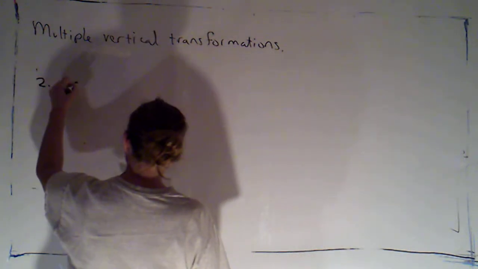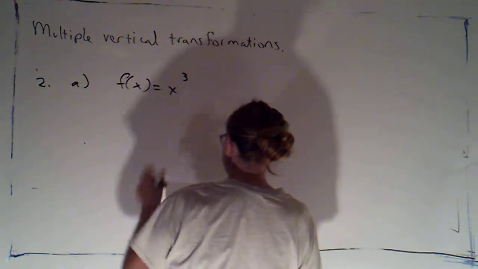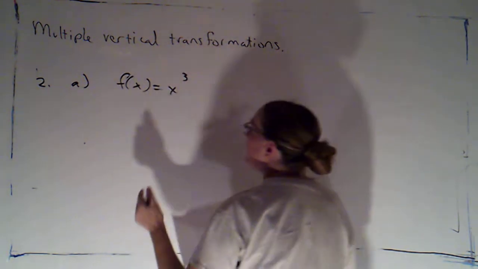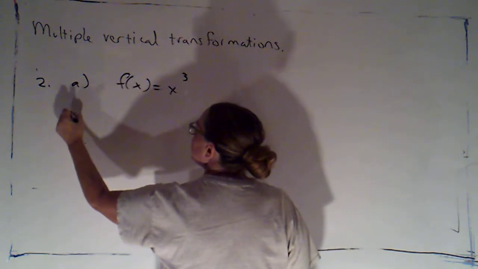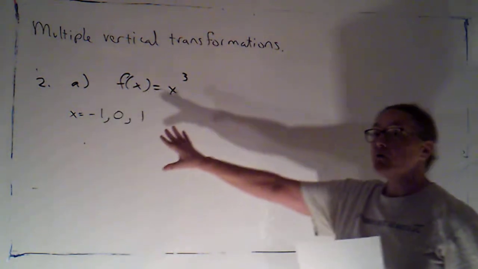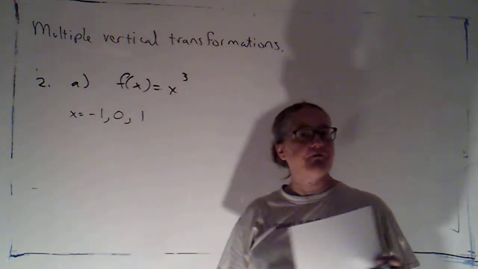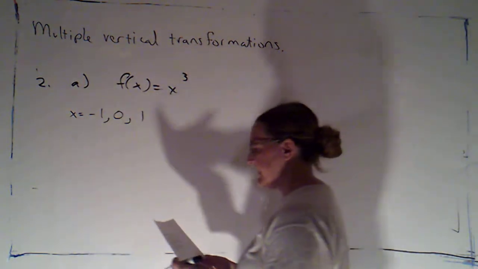So question 2, part A, says to sketch f of x equals x cubed, and I ask you to include the points whose x values are -1, 0, and 1. So include those 3 crucial points, but you don't need to do the full table of values that we've been doing previously.